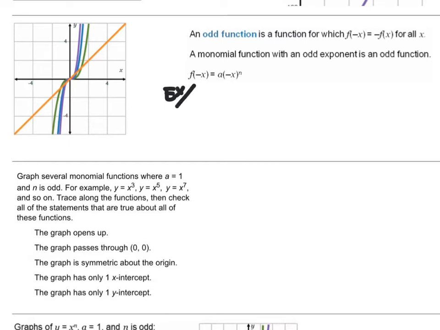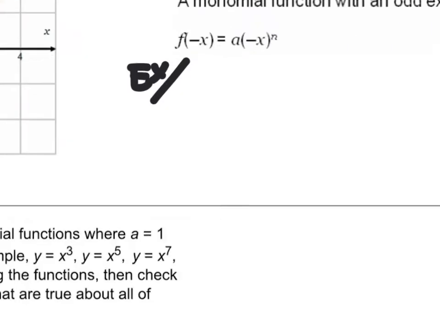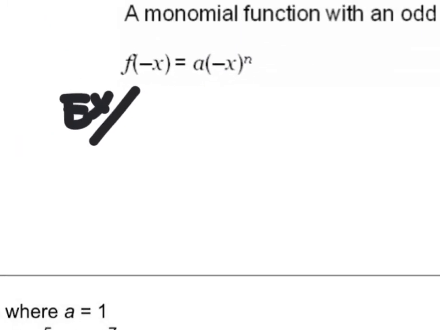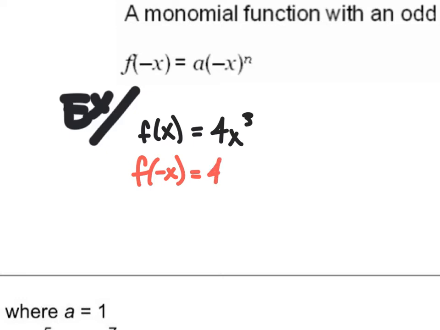So let me give you an example, and I'm going to explain this idea because that's the definition of an odd function. Let's say I have f of x is equal to 4x cubed. If I plug in negative x into that function, then I get 4 times the quantity negative x cubed.